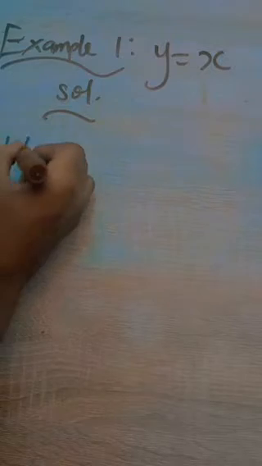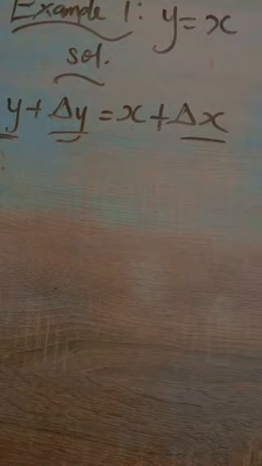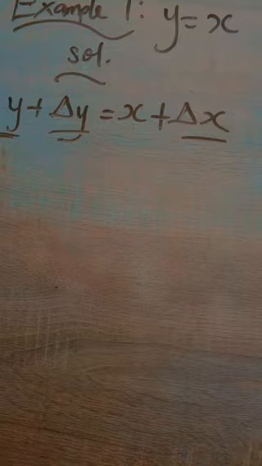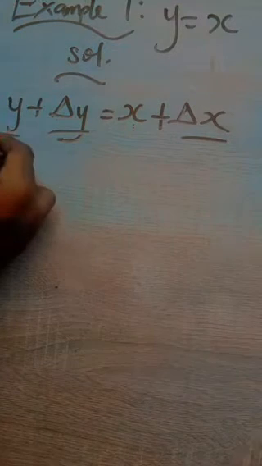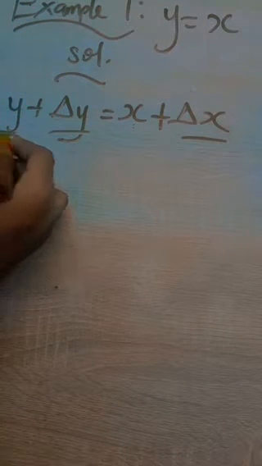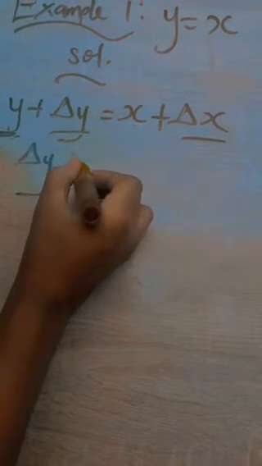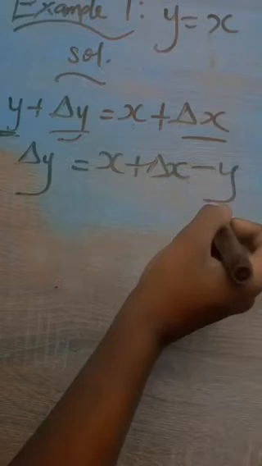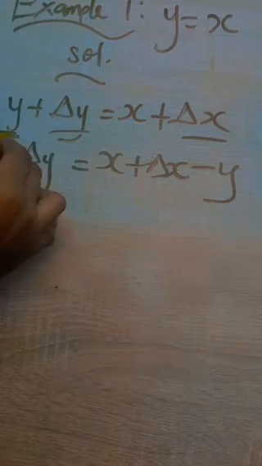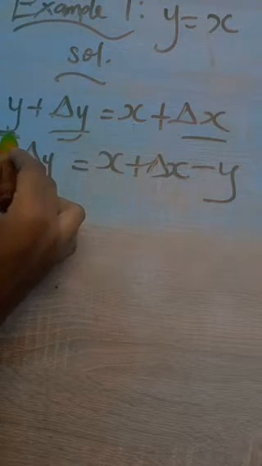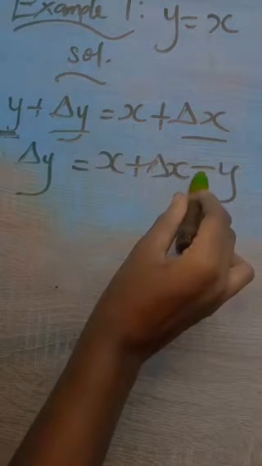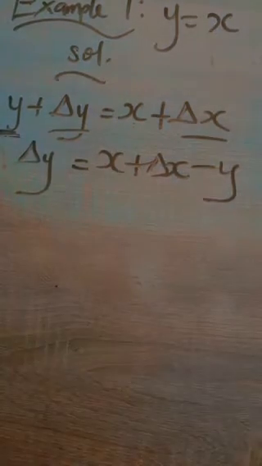So y plus change in y equals x plus change in x. Let me get this y out of here, so I have change in y equals x plus change in x minus y. I hope you know how this minus came about: y is moving over to this side, becoming negative.